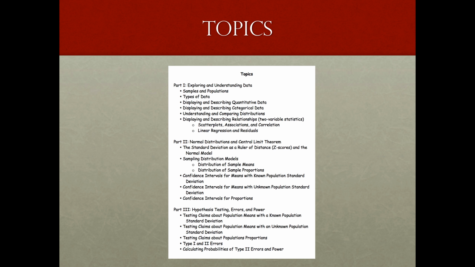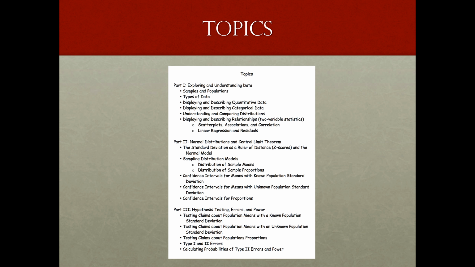Guys, finally, a list of the topics. The thing I want you to be aware of here is that there are 3 parts when we break down the topics. The first I call understanding data. How do we numerically describe data? What kind of pictures do we present? What kind of graphs do we present? The second part, normal distributions and sampling distributions. And sometimes we give it a big old fancy terminology here of central limit theorem.